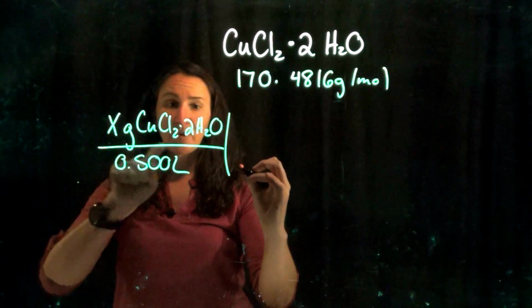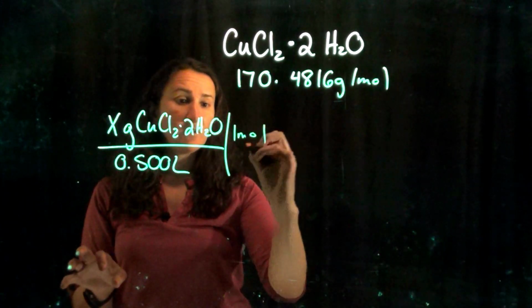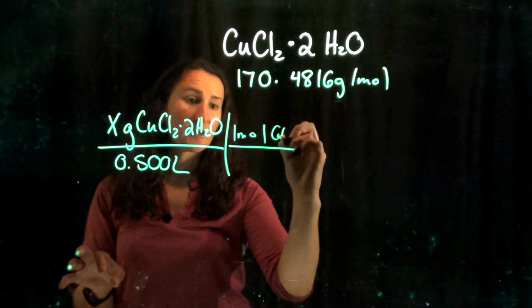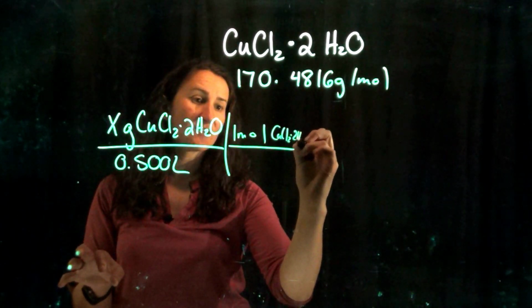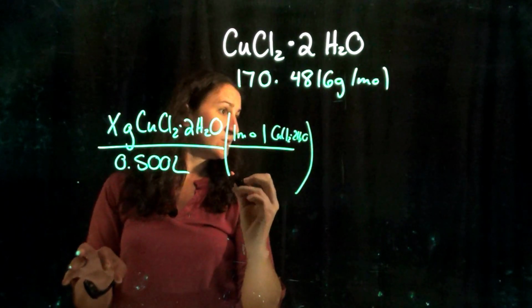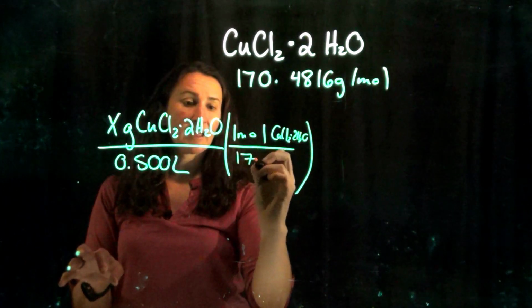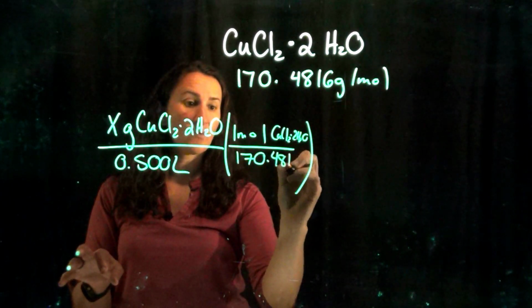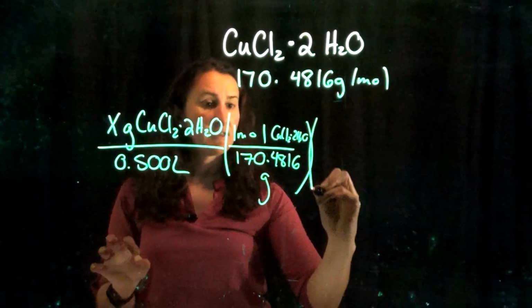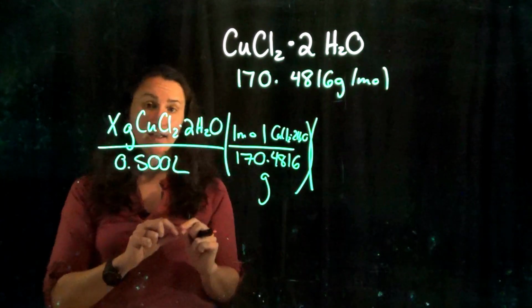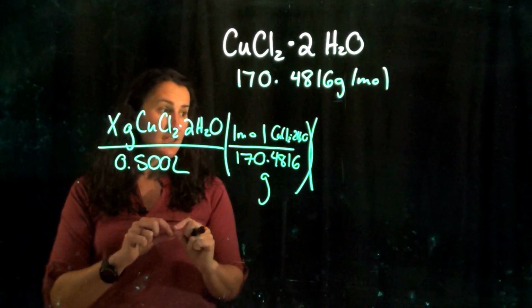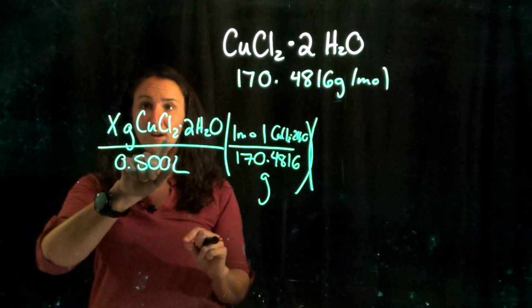So we need to go from grams to moles. So 1 mole of copper 2 chloride dihydrate is equal to 170.4816 grams. Now, how many copper ions are in copper chloride?